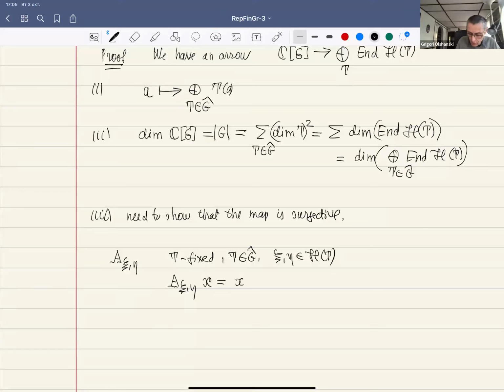We take its scalar product with eta, and take it as a coefficient for psi. So this is rank 1.